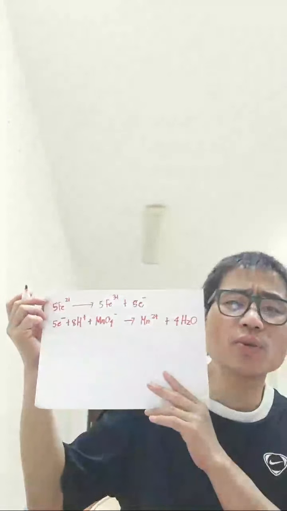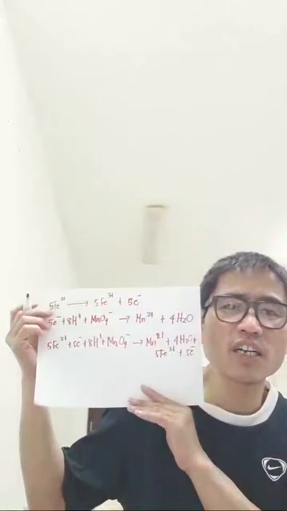Okay. Now we add the two, the oxidation and reduction. So like this. Of course, adding the two, meaning you have to add the reactant in the oxidation to the reactant of the reduction, and the same thing, the product of the reduction plus the product of the oxidation. It's going to be like that so that you will not be confused.